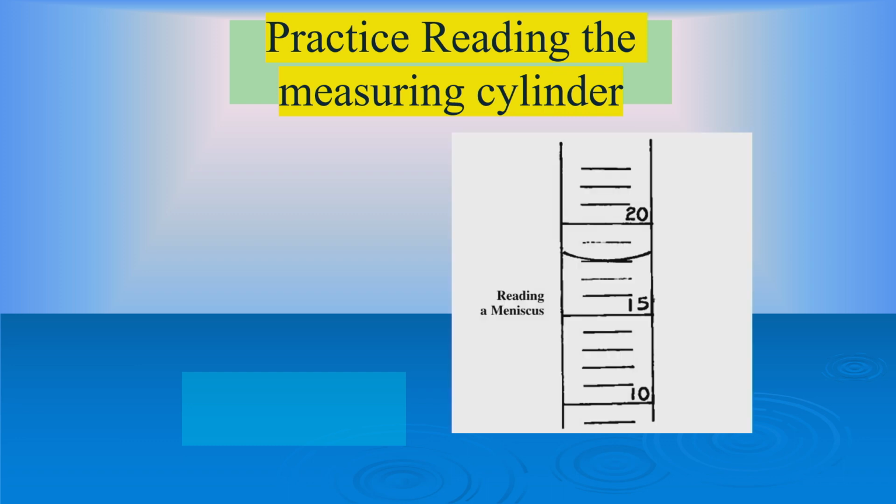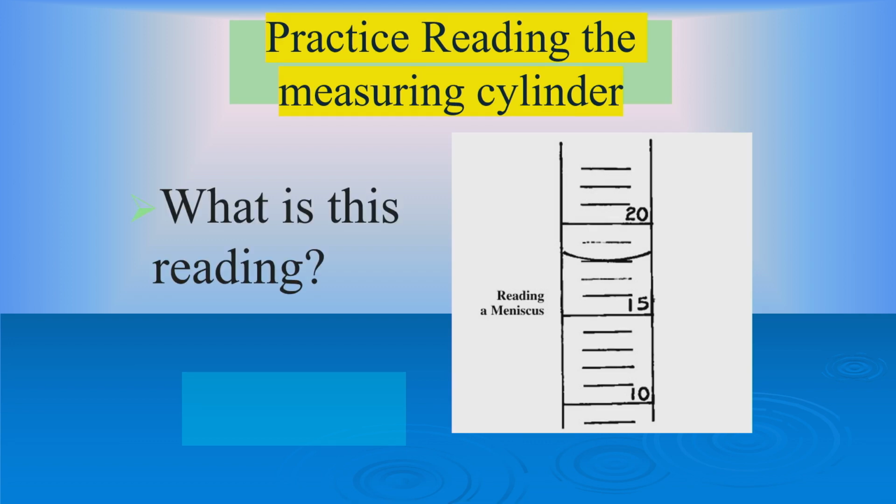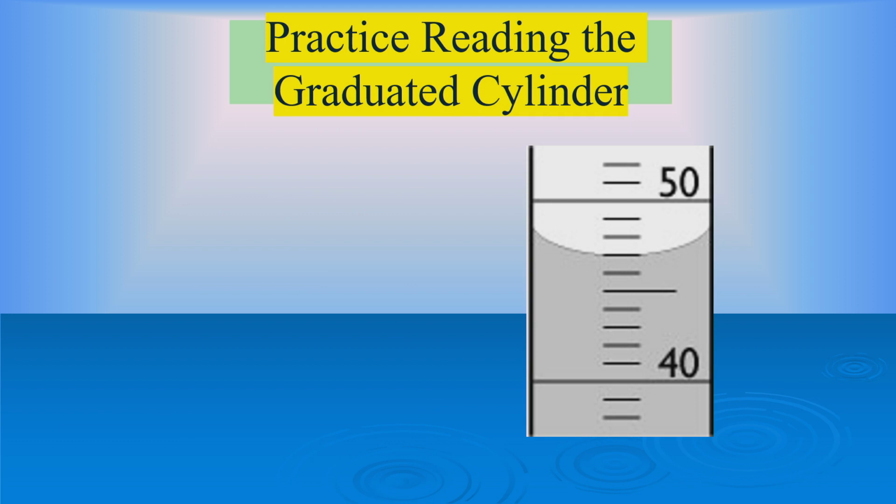Let's practice how to read a measuring cylinder. What is the reading shown? Did you get 18.0 milliliters? Don't forget that our eyes must be placed at the bottom of the meniscus. Let's try another one.